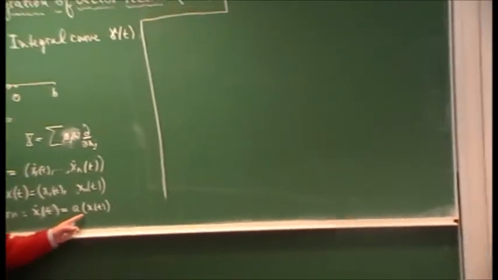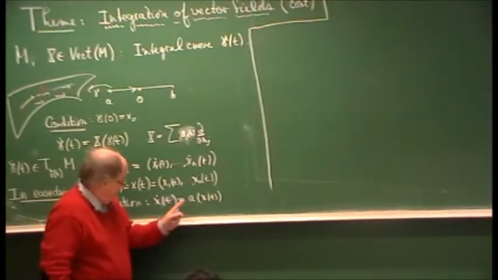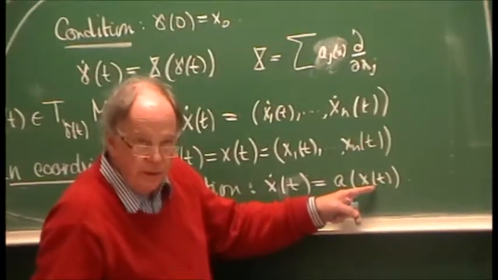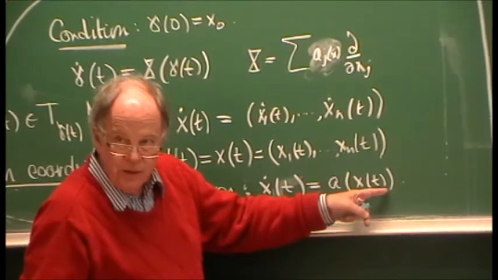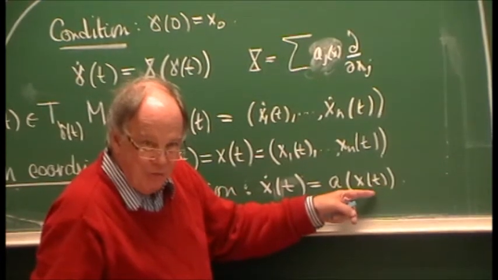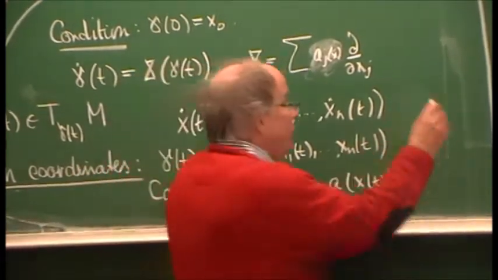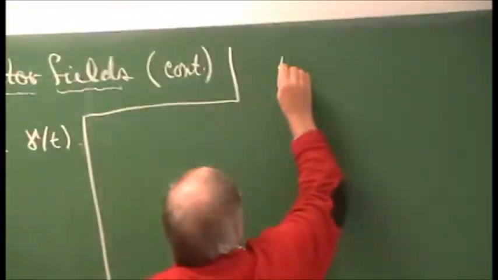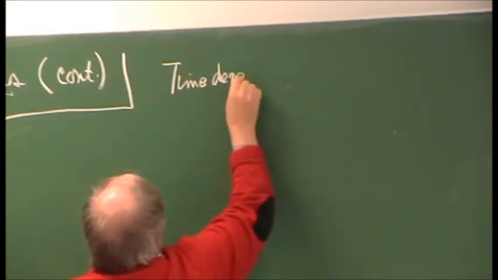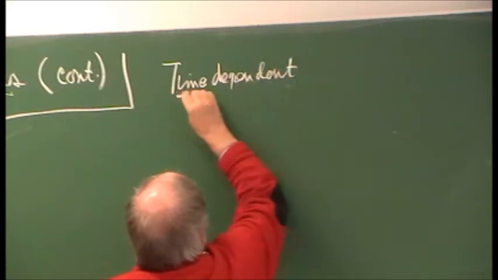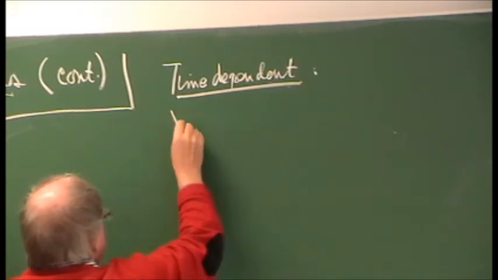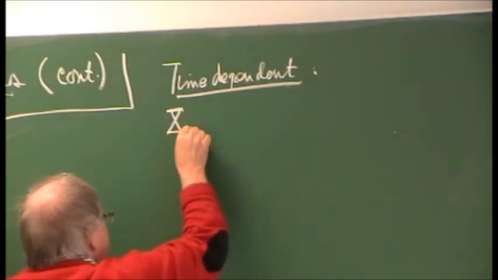Let me remind you, sometimes this ordinary differential equation, you will see here, x point equals a of x and t. There will be two variables here, x and t. So it's a vector field, but the vector field is changing with time. Can you imagine? These are the coefficients of the vector field. So you see, let me just emphasize this. Another time-dependent vector field quite often occurs in applied problems, namely this vector field x is dependent on a time t.